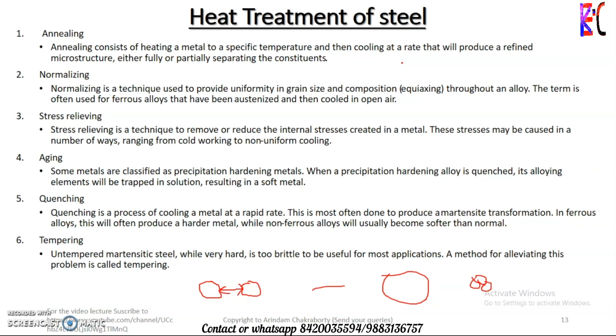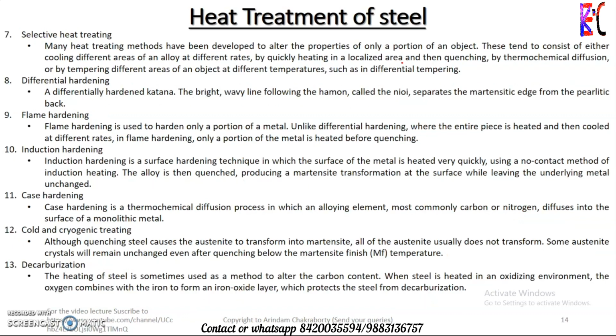Now normalizing, it gives grain refinement, etc. So you can do all of these heat treatments. There are only 13 given here, but there are actually more than that, with much more detailed heat treatments. We will learn more about how heat treatments work in the coming classes, and how heat treatment affects our material.